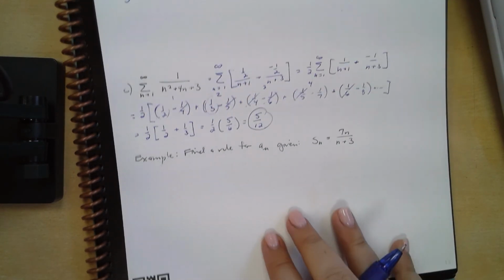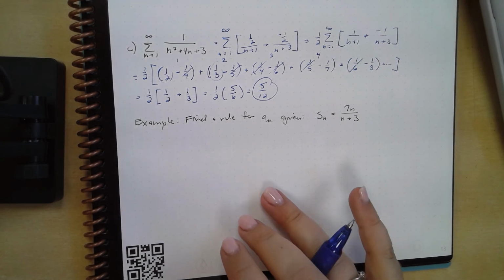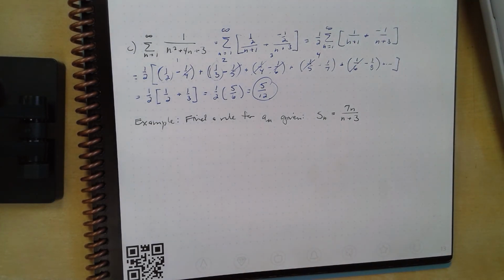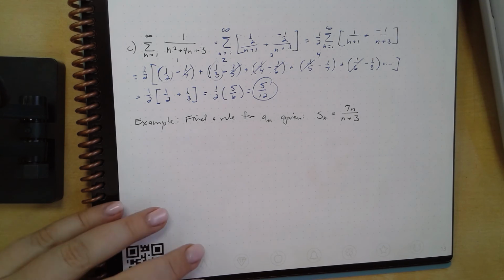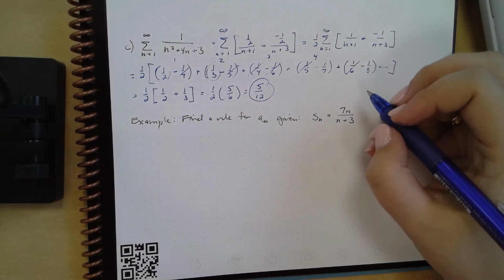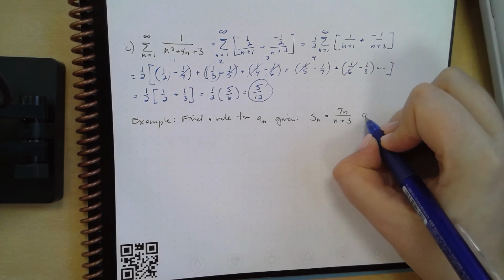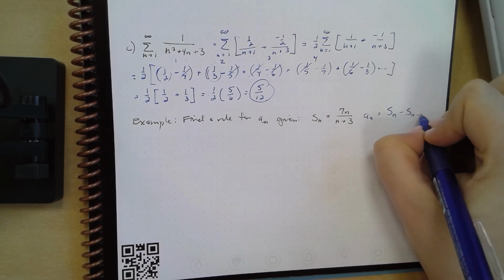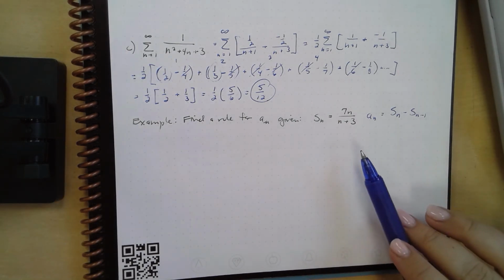Okay, the last thing I want to talk about, and this is actually a problem on your homework, is how to find an a sub n given s sub n is equal to 7n over n plus 3. Okay, this is number 11 on your homework. Well, so a sub n is equal to s sub n minus s sub n minus 1, right? That makes sense.